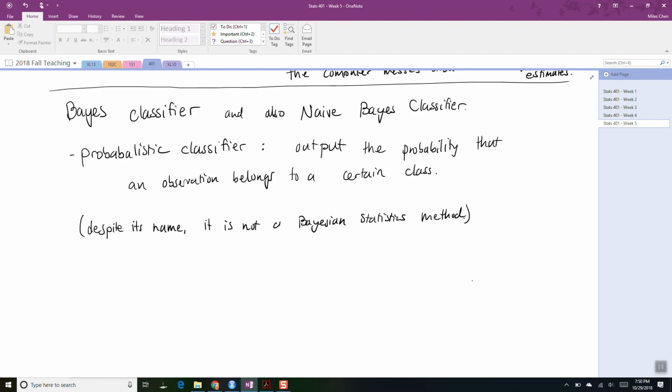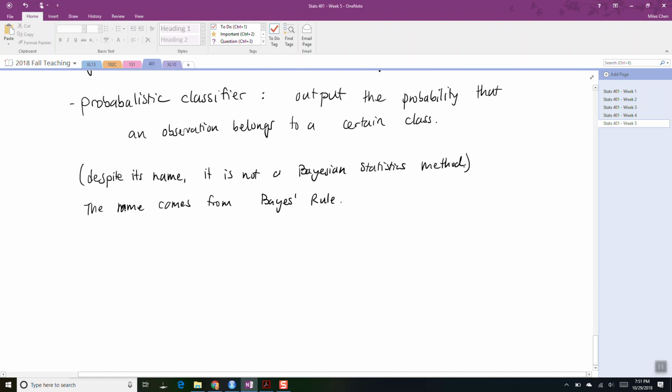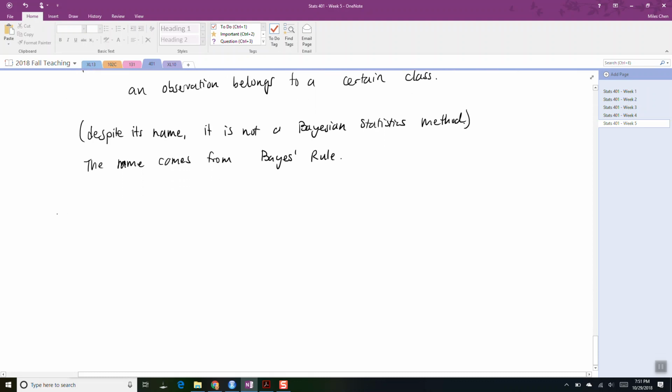It gets its name from Bayes' rule, which is also where Bayesian statistics gets its name. So this is the result of the classifier. You're going to get a probability.